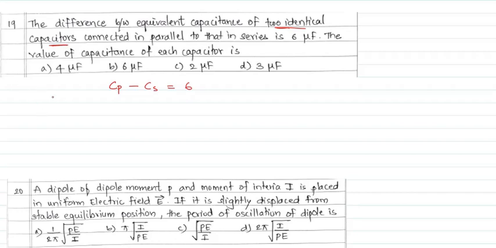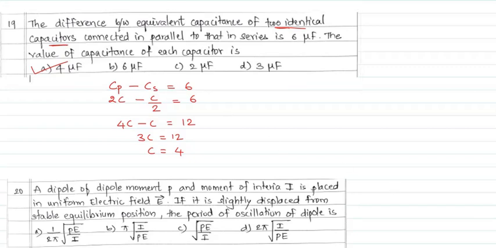Two identical capacitors, so equivalent in parallel will be 2C, in series it will be C by 2, is equal to 6. Now one step you simplify, if I take LCM it will be 4C minus C is equal to 12. So 3C is equal to 12, so you'll have C is equal to 4. Option A is our answer.